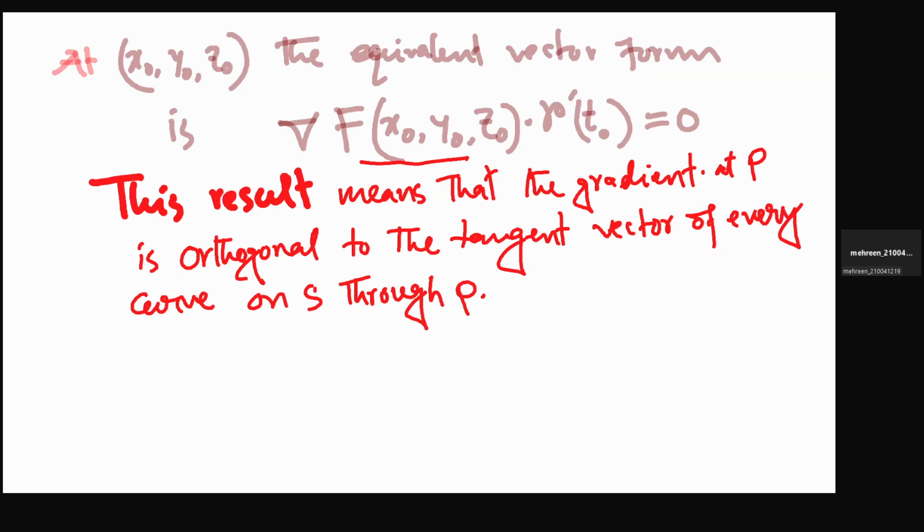Okay. So that's why we can summarize the system. That means the definition of the tangent plane and normal line. Can I go to the next page? Yes, sir.